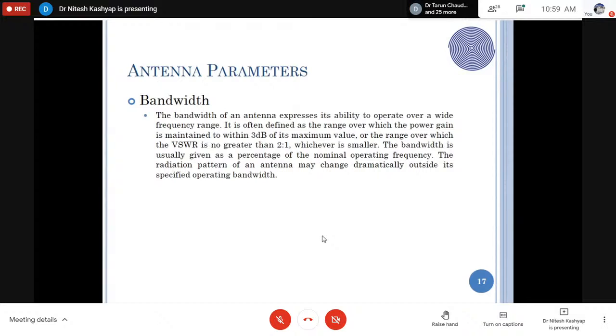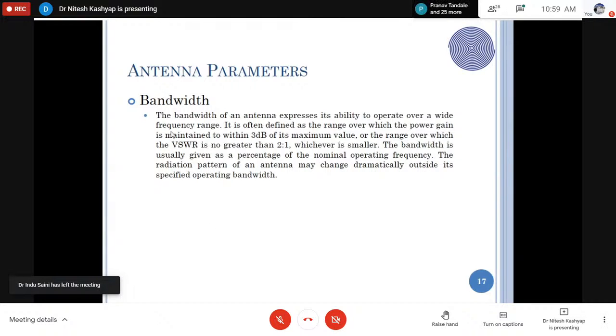Now the third one is bandwidth. As we know, the bandwidth is the separation of the frequency points where the antenna can operate. To define the bandwidth, we have certain parameters, that is VSWR and the reflection coefficient or the return loss.